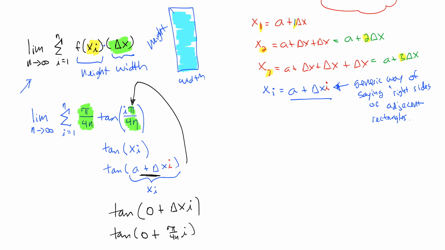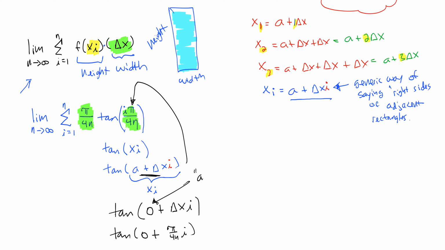Great. So that means we found an input value that works. If we drop a plus delta xi into our function, as long as a is 0, we're going to get this. Well, that means that if this is a plus delta xi, our 0 must be a.